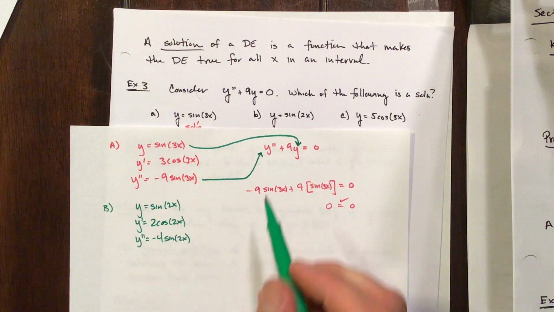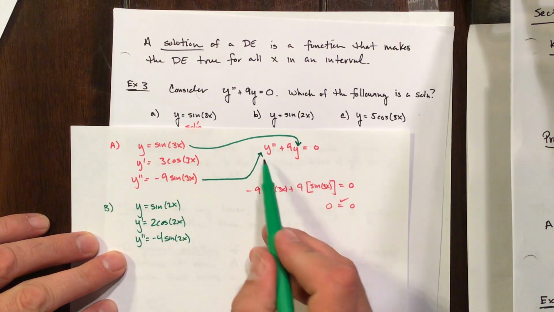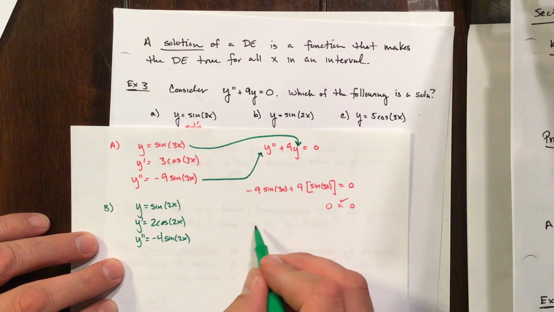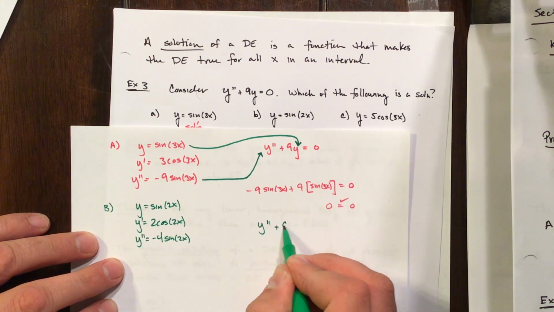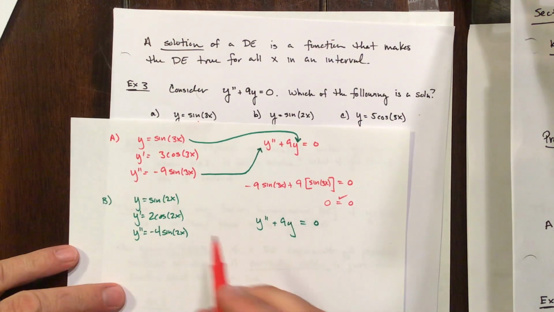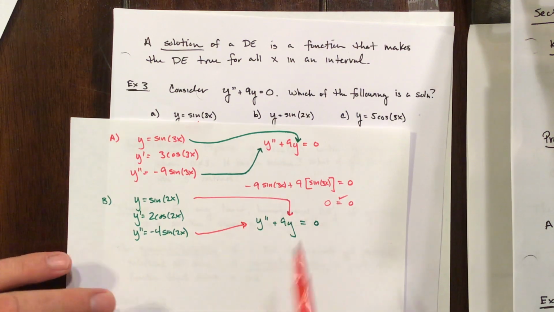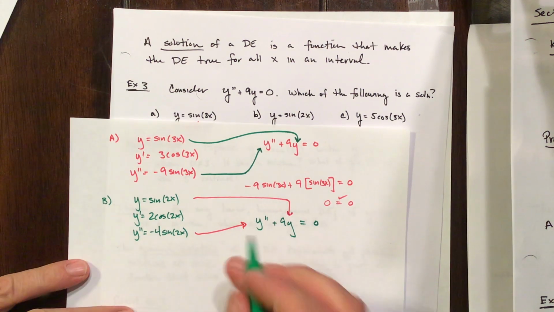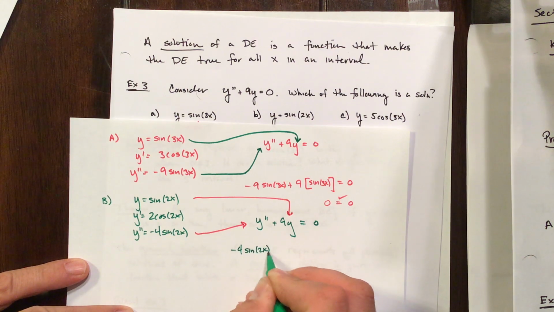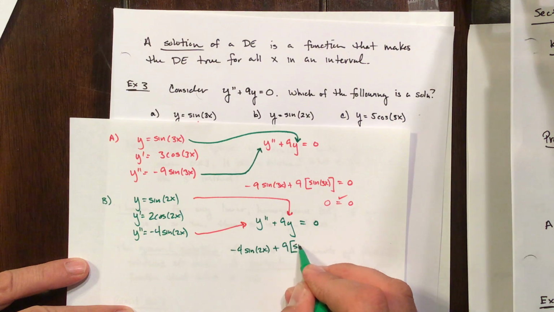Plugging these bits of information into our original differential equation, y double prime plus 9y equals 0, what do we get? Minus 4 times the sine of 2x plus 9 times, in brackets, what y is, the sine of 2x.